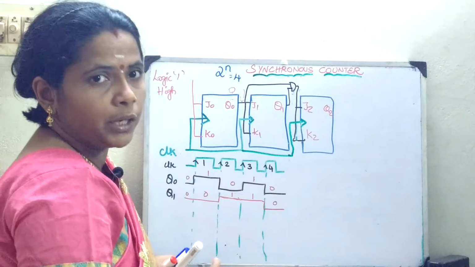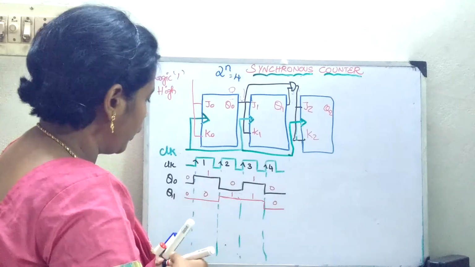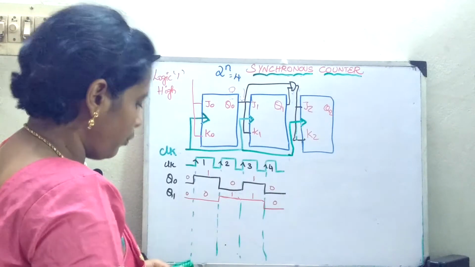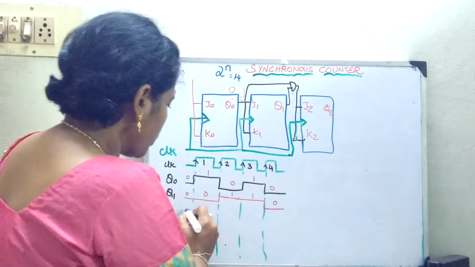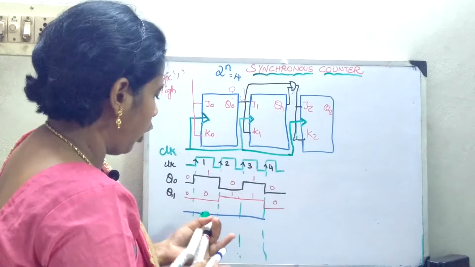Why? Because now we have to draw the waveform for Q2. So it will be toggling after every clock pulse. First of all, I will finish drawing the clock pulses.